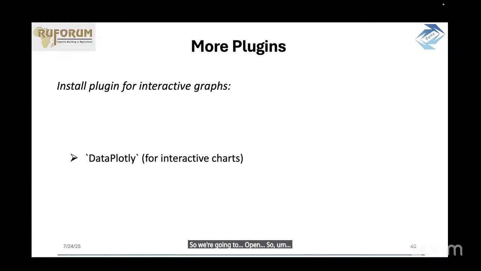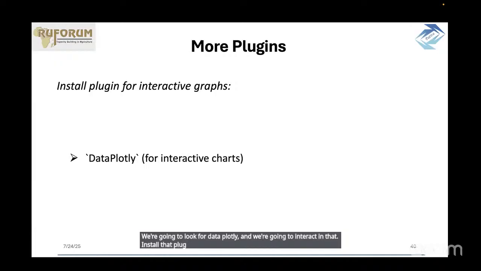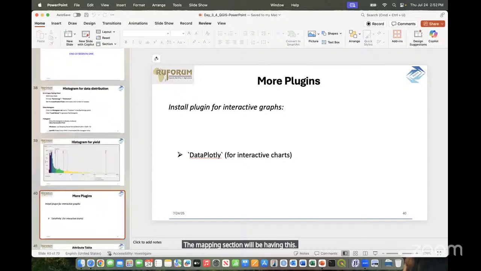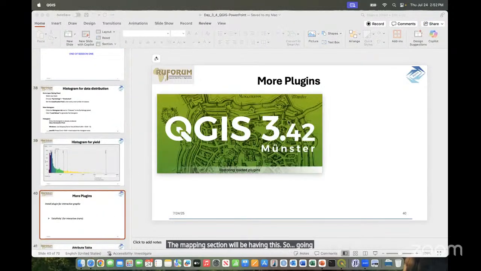We'll do that together. We're going to look for Dataplotly and we're going to install that plugin because we're going to use this for our mapping. So I want us to do this now so that when we reach the mapping section, we'll be having this.